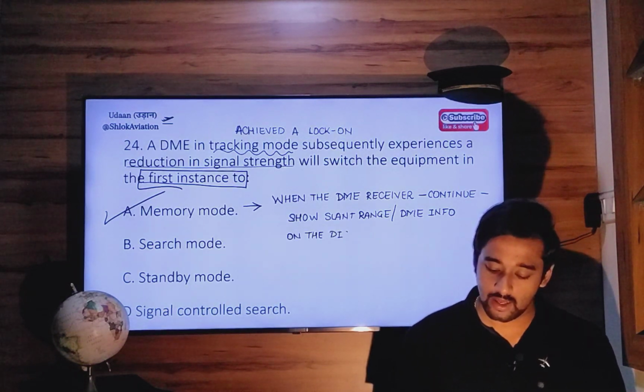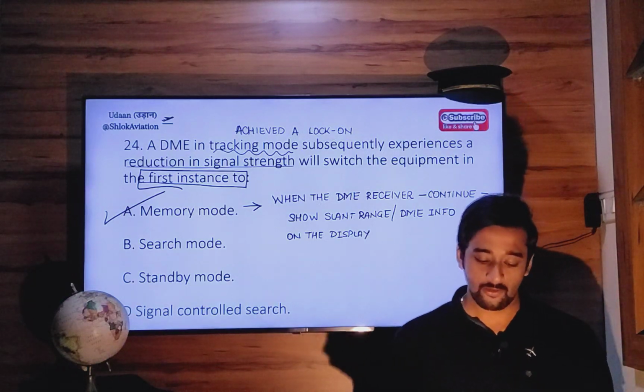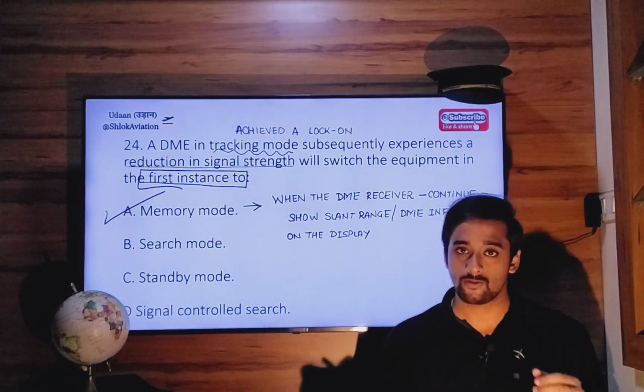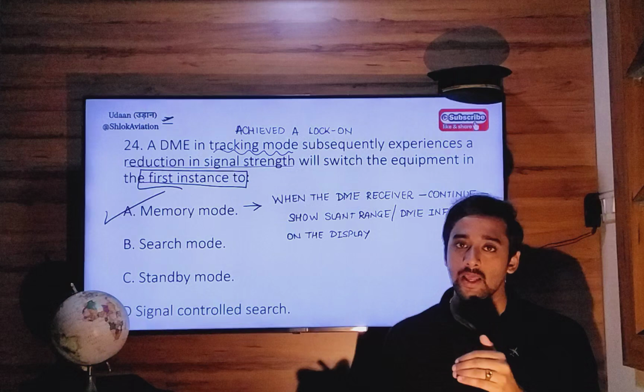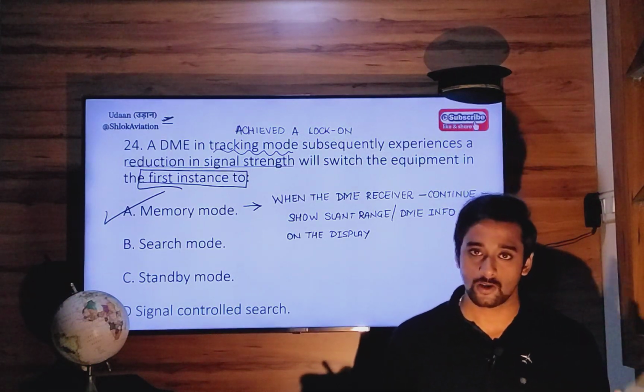So whatever the DME range was before the DME receiver lost its lock-on, it will continue to show that previous value for some time.